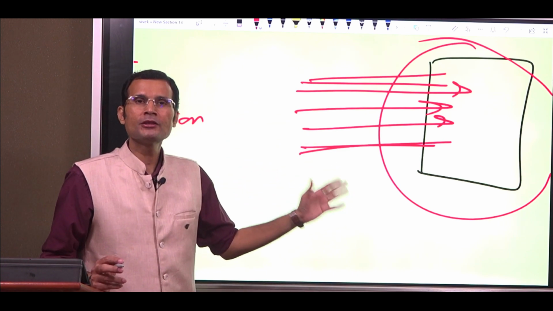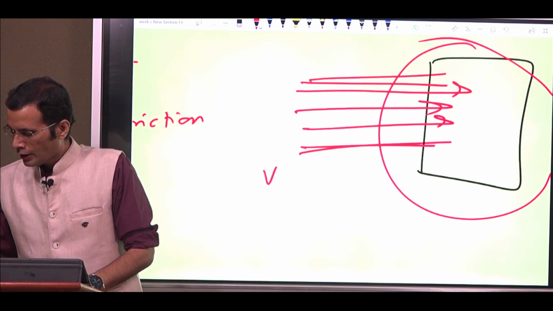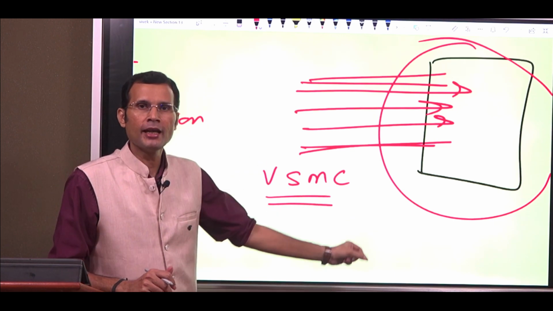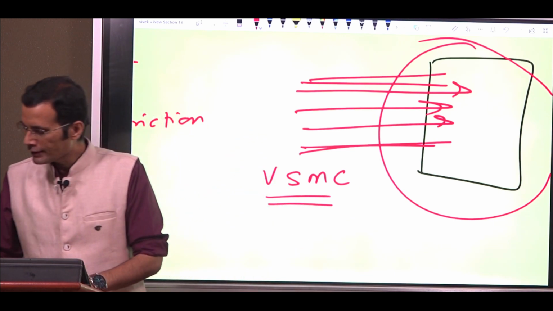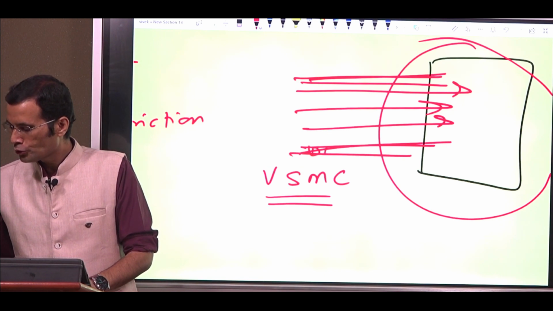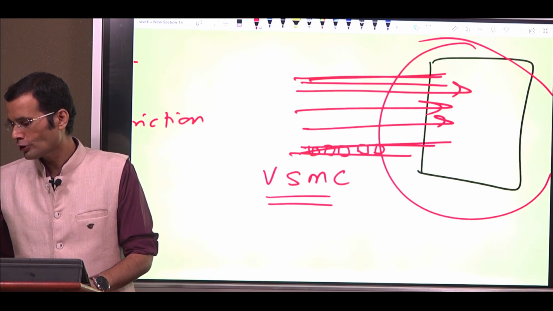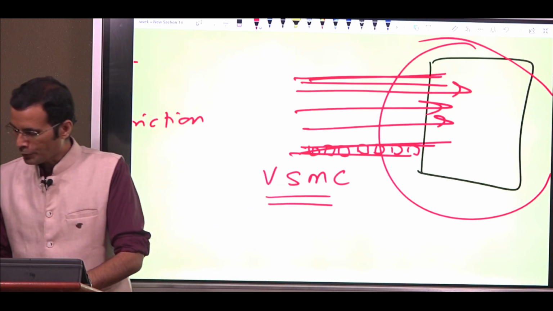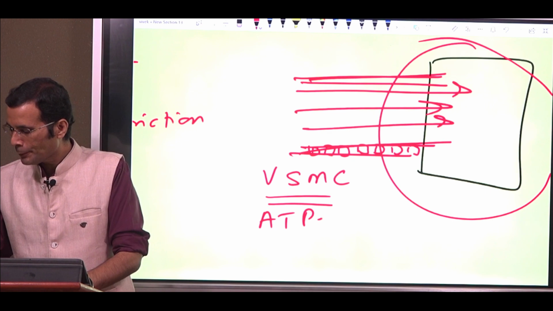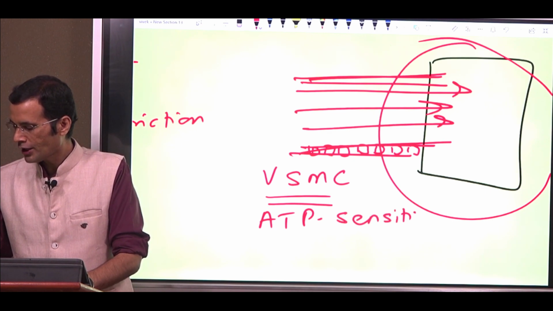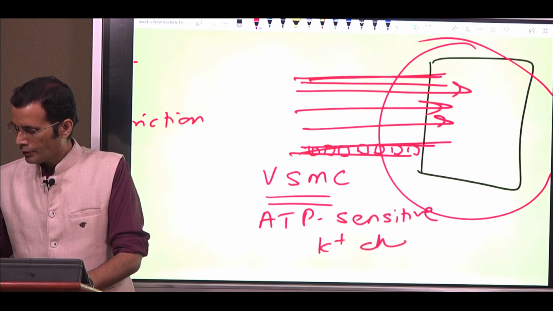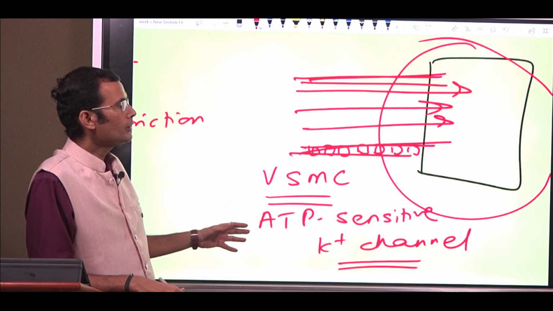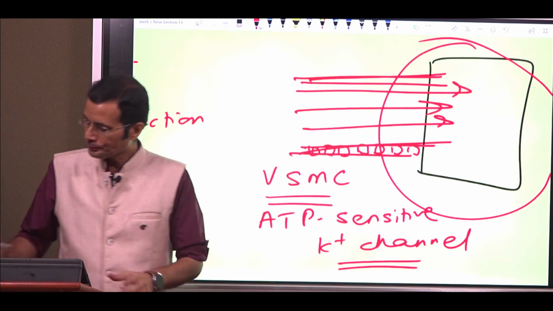And this happens because the vascular smooth muscle cells in the vessel wall, which are going to cause vasoconstriction, have in their membranes the ATP sensitive potassium channel. This channel is said to be responsible for causing this vasodilation.